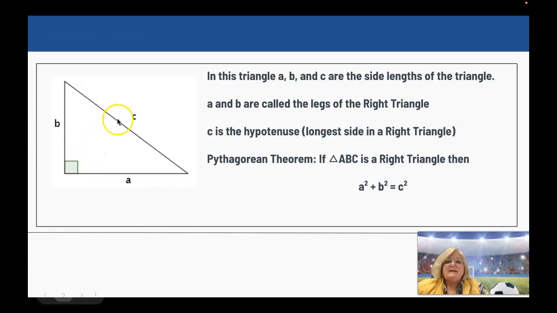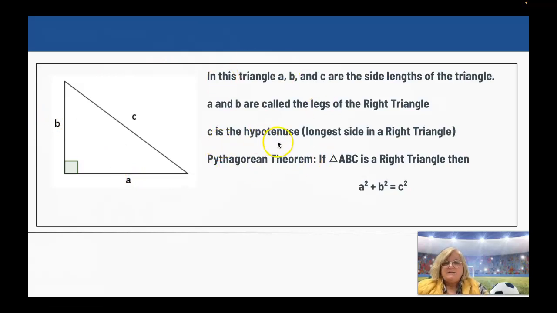So the side opposite the 90-degree angle is the longest side in a right triangle, and it is specifically called a hypotenuse. In this triangle, A, B, and C are the side lengths of the triangle. A and B are called the legs. So the sides opposite the acute angles in a right triangle are called the legs.